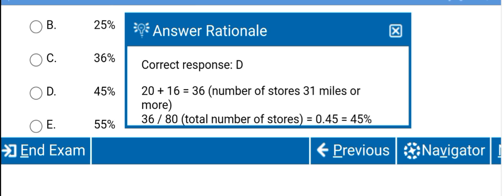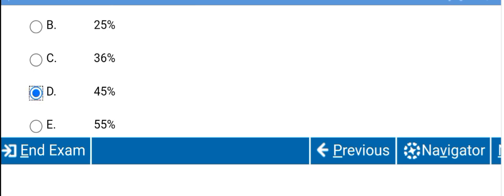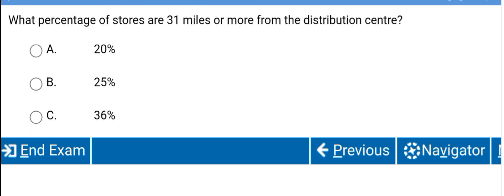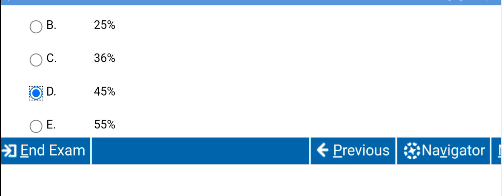So 36 divided by 80, that is the total number of stores, equals 0.45, equals 45%. This is the correct option we have, that is option D. That 45% is the percentage of stores that are 31 miles or more from the distribution centers.